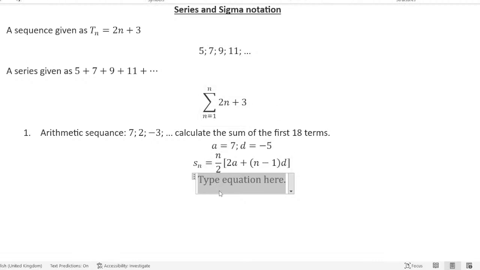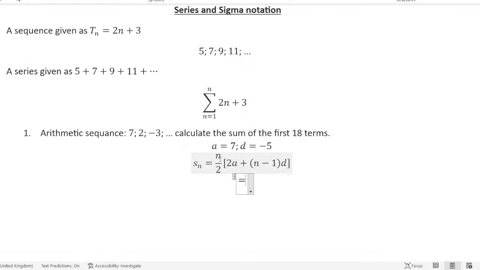So Sn is equal to, the value of n is 18. Remember, the question was saying calculate the sum of the first 18 terms. So it's going to be 18 divided by 2, open brackets, 2a.